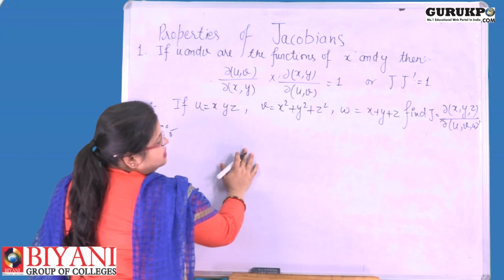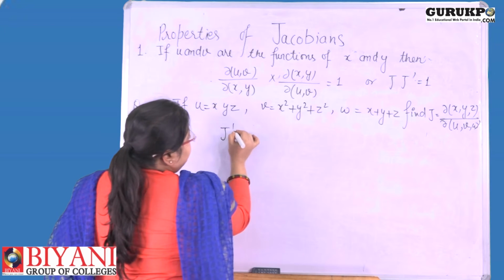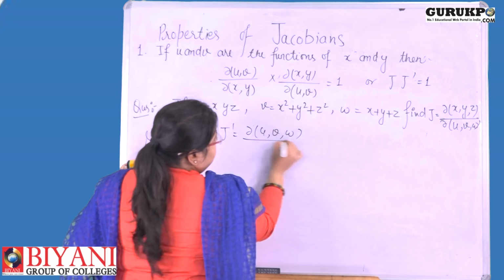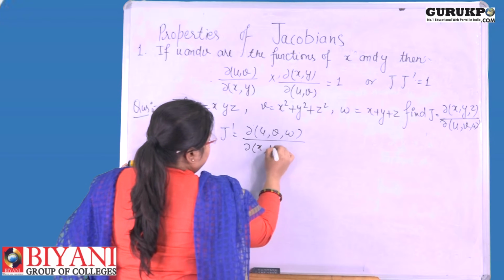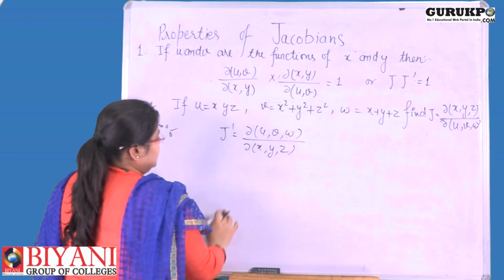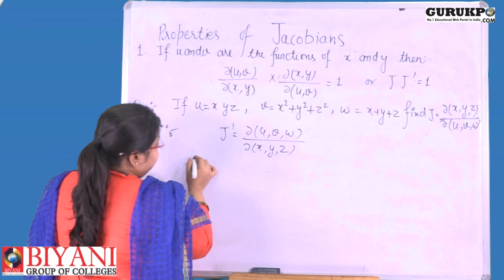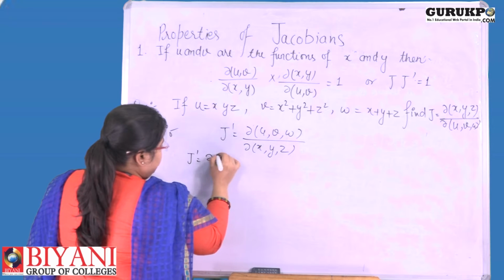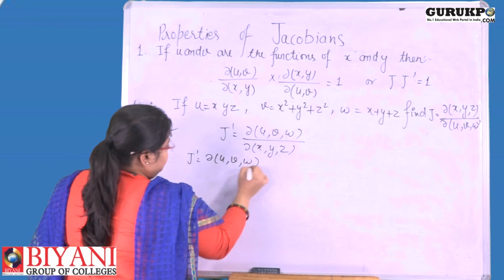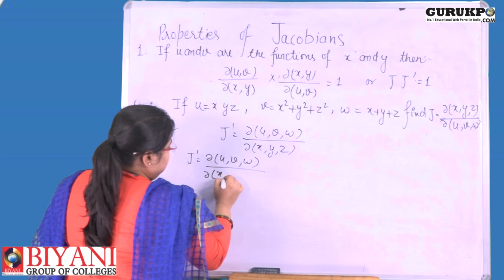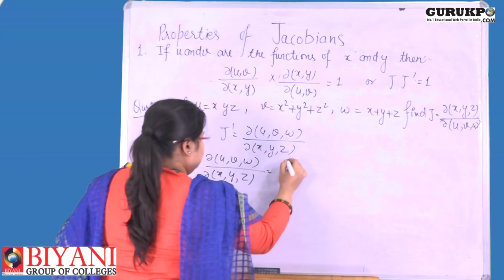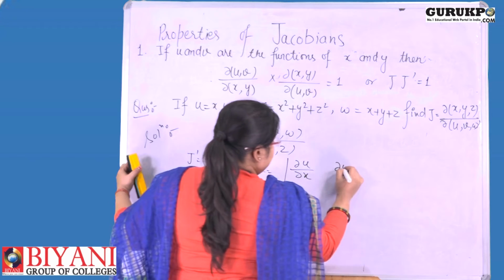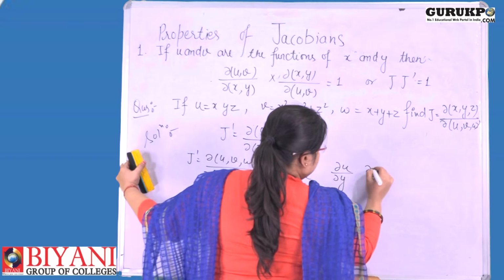We have to find this J, then J dash will be the Jacobian of u, v, w with respect to x, y, z. Now coming to the point, if we solve: del u upon del x, del u upon del y and del u upon del z.